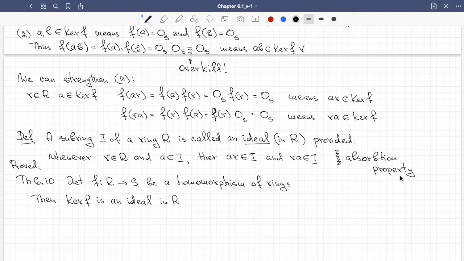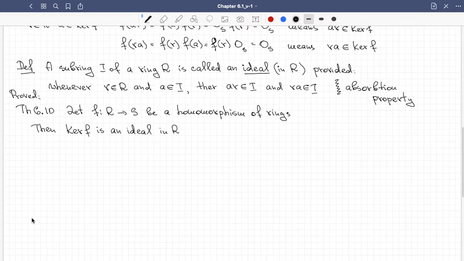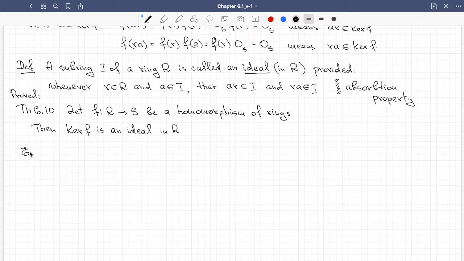Of course, not every subring is an ideal. Example 6 in the book, in section 6.1, tells us that not every subring is an ideal.